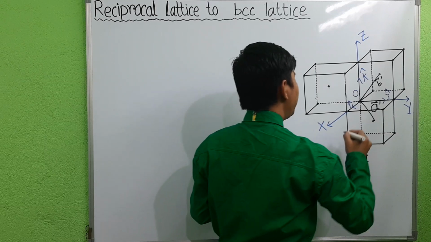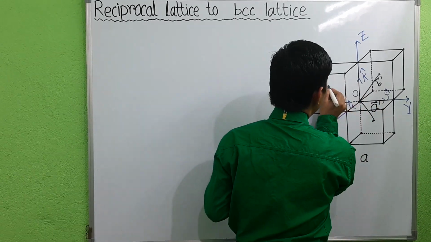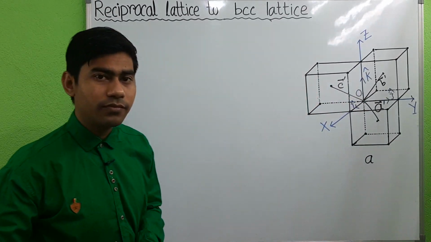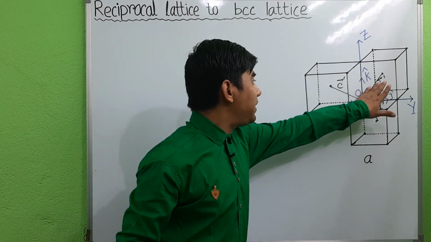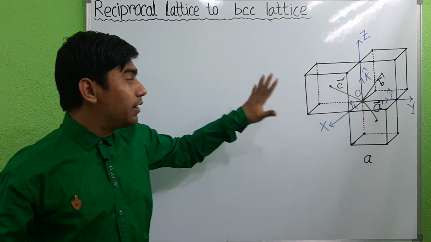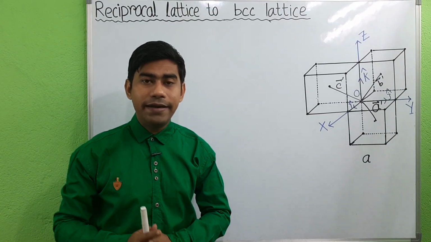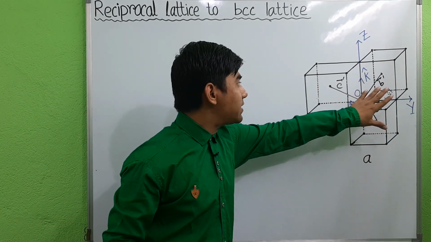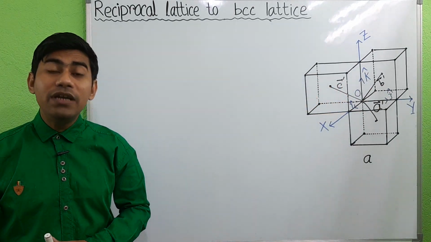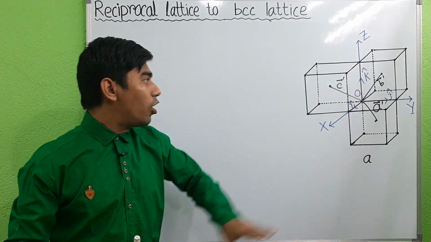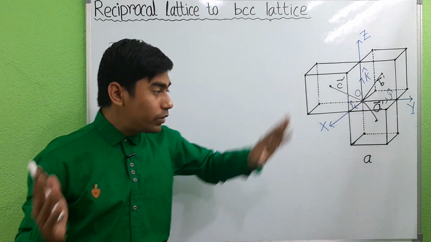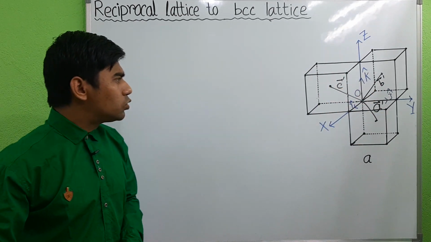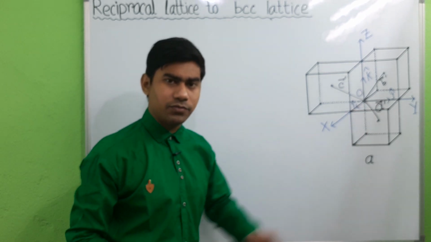And we join this origin to this lattice point and suppose this is c dash. These a dash, b dash and c dash are the primitive translation vectors of the BCC lattice. We first calculate a dash.